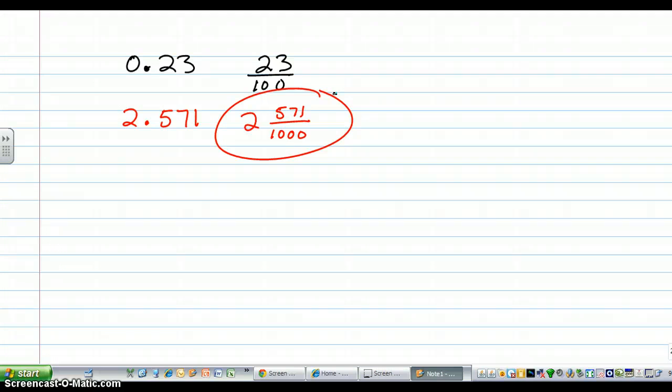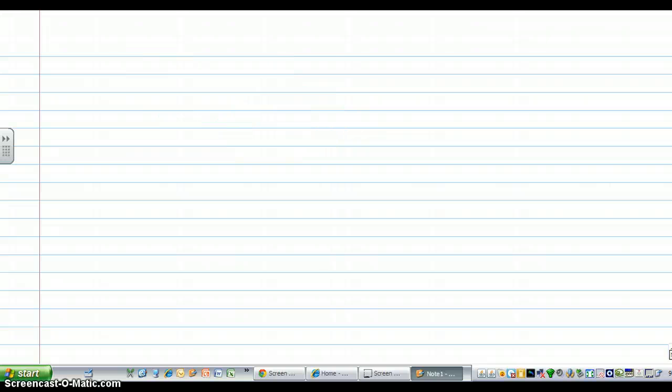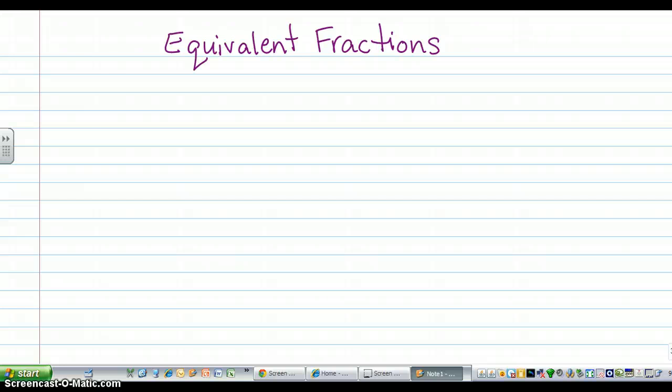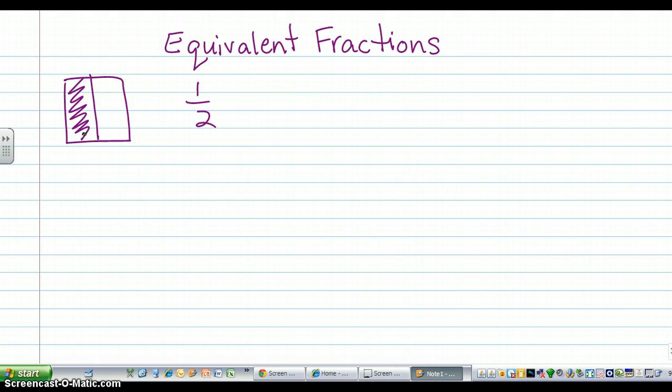So there's one more thing I need to talk to you about, and that is equivalent fractions. Okay? Alright, so equivalent fractions are just fractions that are equal. Let me show you. So there is a half. I've just shaded in a half of that box.